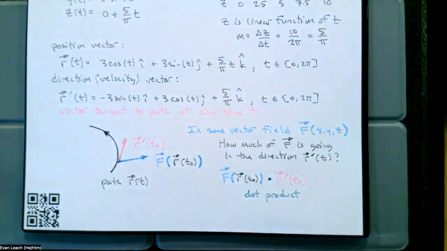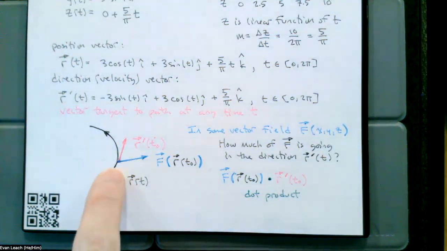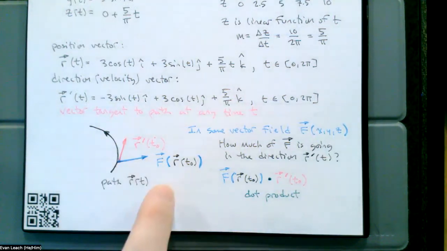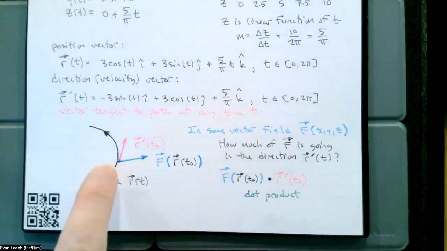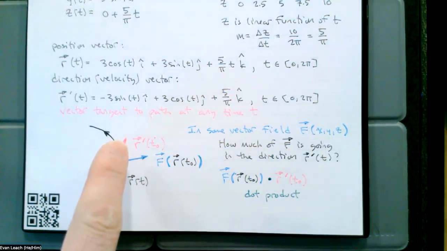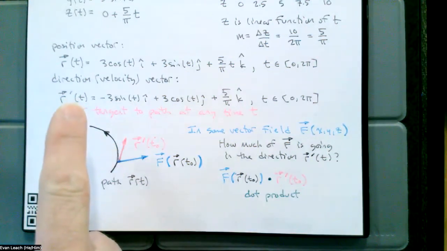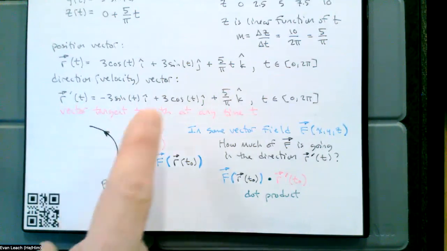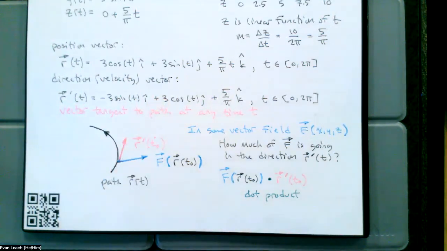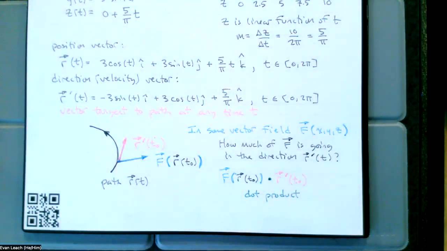So we're going to break it up into little bits and say this is the situation for some small change in t. And then at a little later date, t naught plus the delta t, we'll reevaluate the situation: new direction for the path, new vector from the vector field, new dot product.